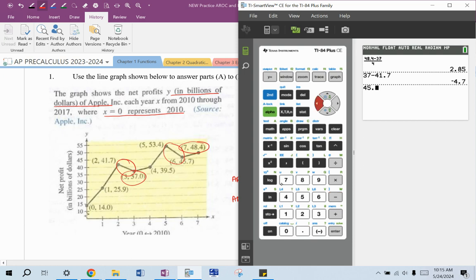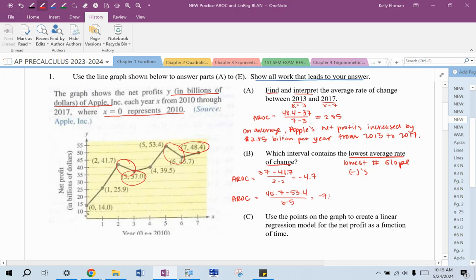So that's negative 7.7. So because we're talking negative numbers, which one is the lower number? The one that's further down the negative number line is lower. So it's the second AROC. So that was between 5 and 6.